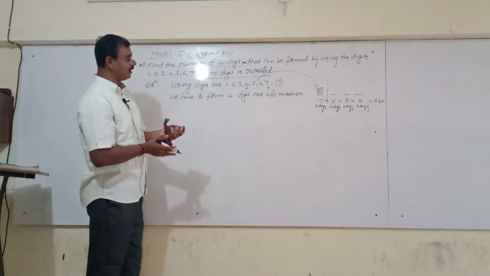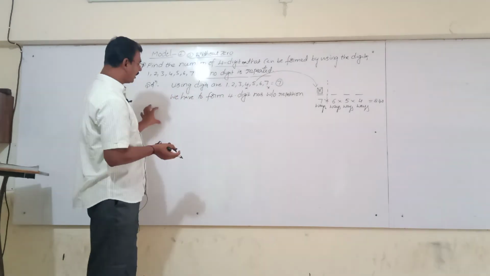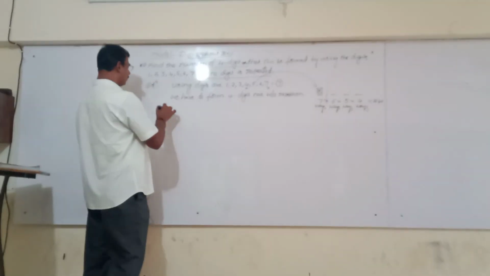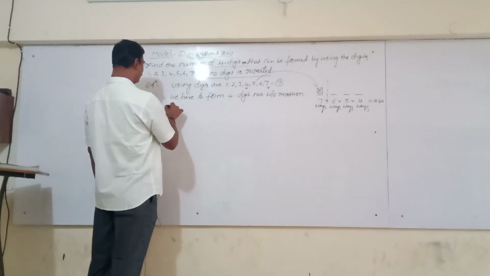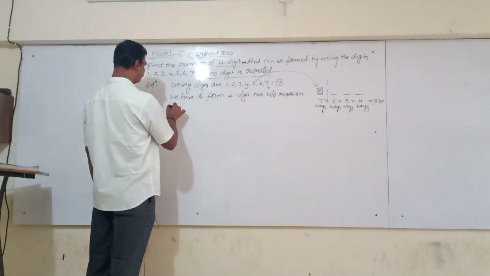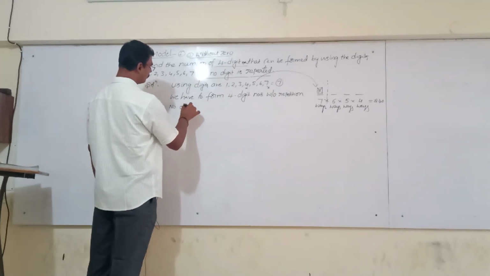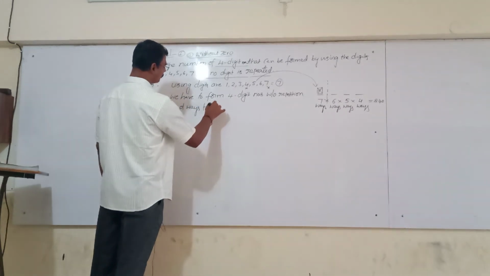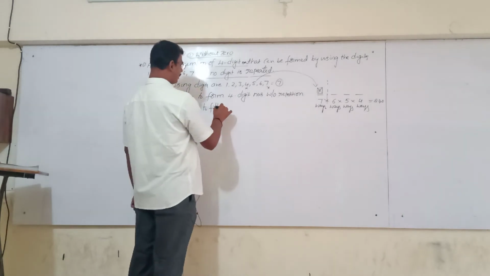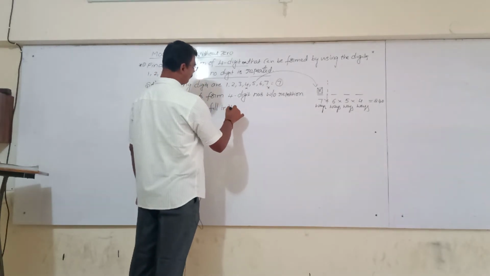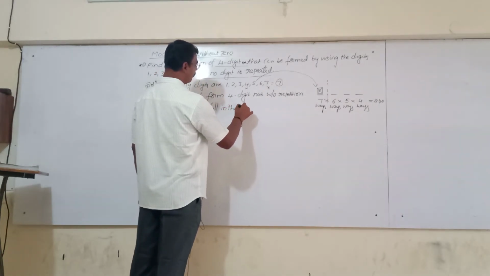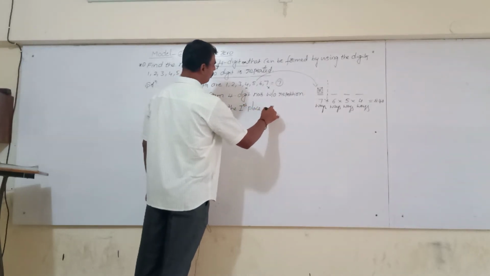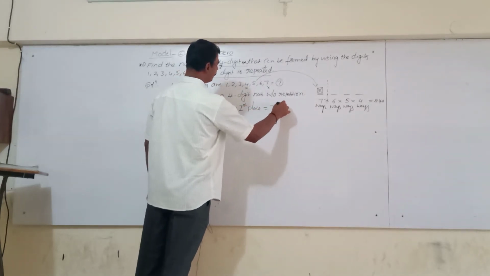Now the same thing from the same block diagram, explained in words in long form. How do I explain it? In very simple words. Number of ways to fill in the first place is equal to how many ways? 7 ways.